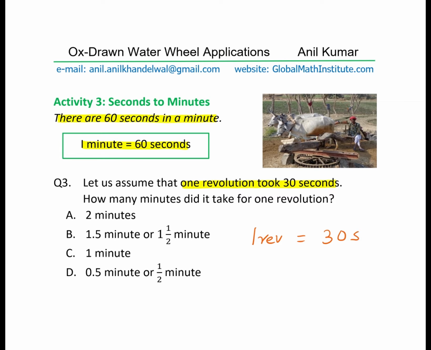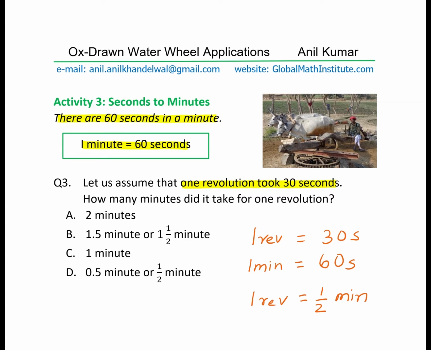We have to write this answer in minutes. 1 minute is 60 seconds, right? So now you know that as far as one revolution is concerned, it took half a minute, right? 30 is half of 60. So we can say one revolution took half a minute.